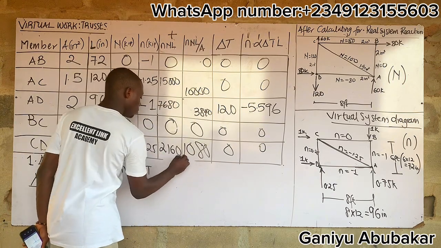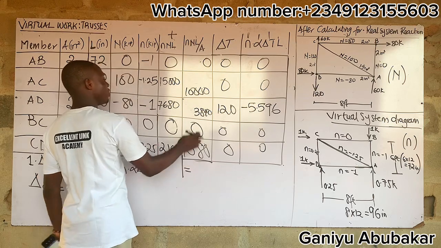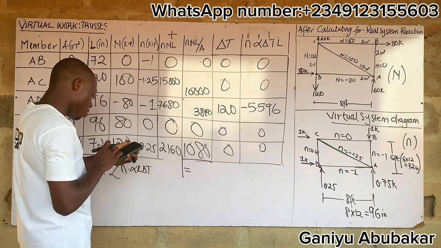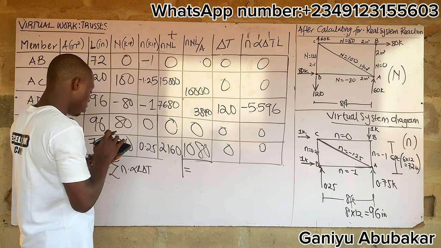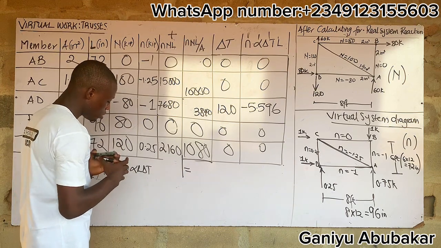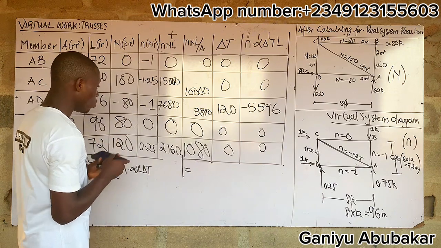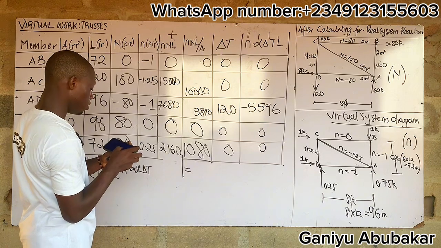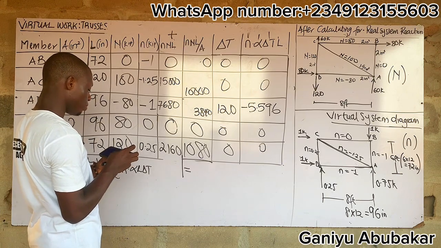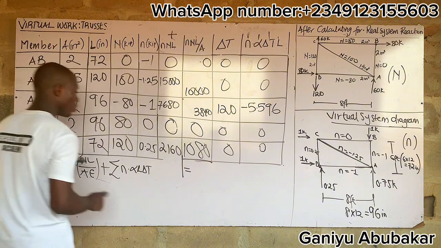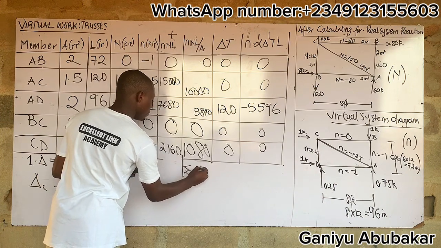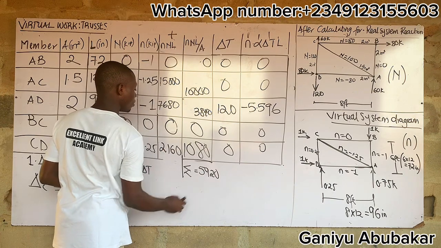Everything here together: if I add 1000 plus 3840 plus 1080, the summation of everything here will give 5920, right? So I have this value here.